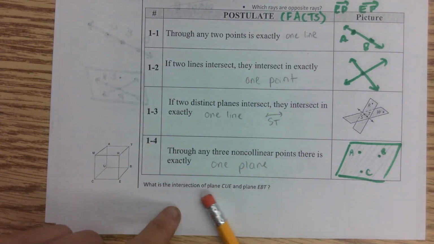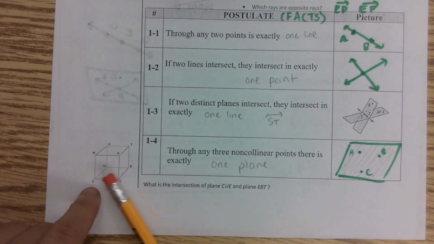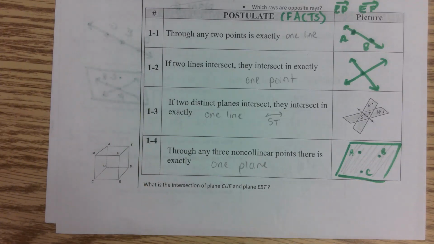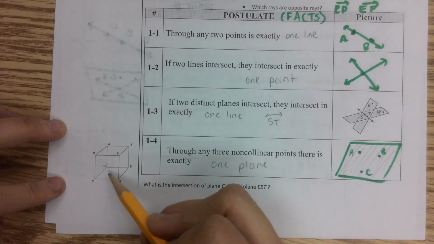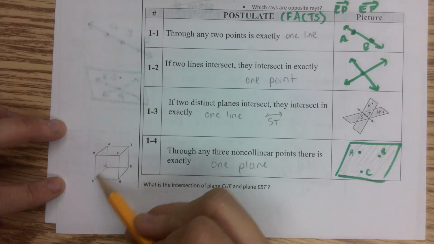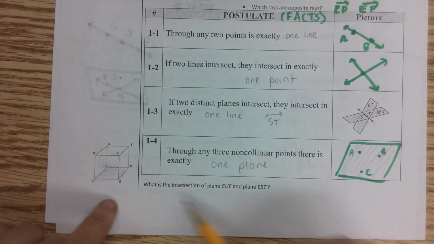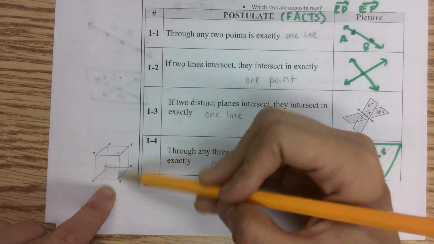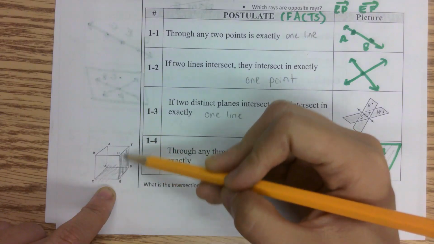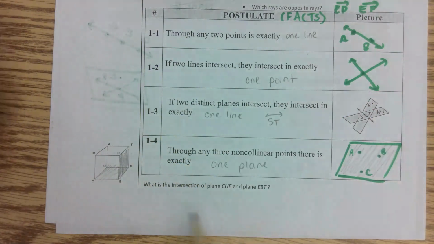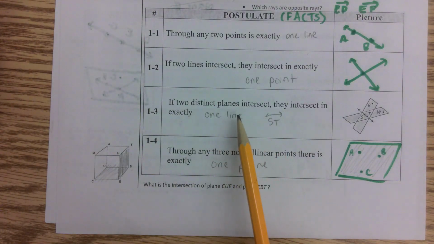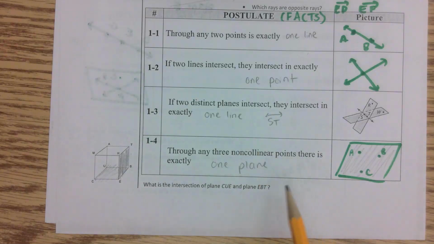Okay, last little problem. What is the intersection of plane QUE and plane EBT? So QUE is this plane right here, the bottom one. And then EBT is this vertical plane right here, right? So what is the intersection of that? Well, if we look back at our postulate, you can pause the video and try and solve this, which I would recommend.